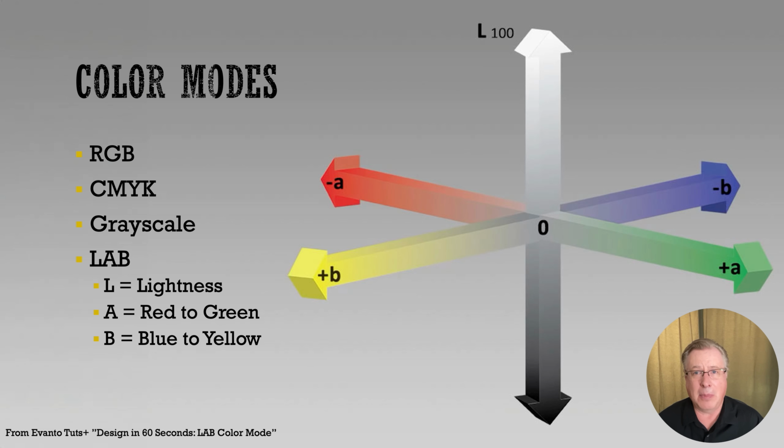Whereas the other color modes document how the color is created, either by varying the intensities of light for RGB or adjusting the amount of pigments for CMYK, LAB attempts to describe what the color looks like. It breaks a color into 3 attributes: L for lightness, A for the red to green color range, and B for the blue to yellow color range. This forms a 3-dimensional axis, pictured here.